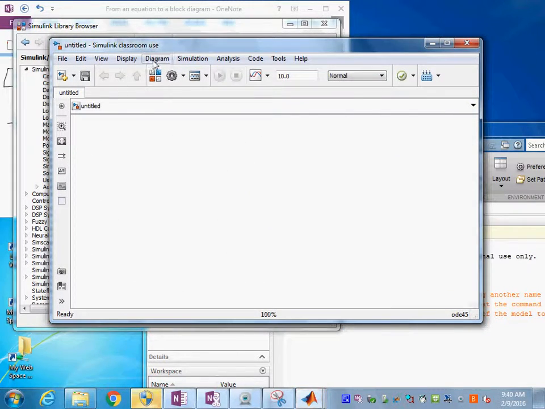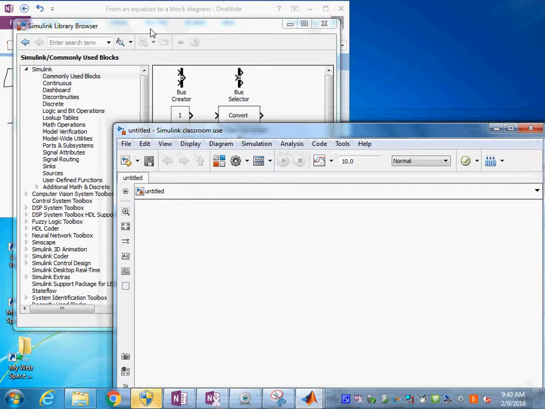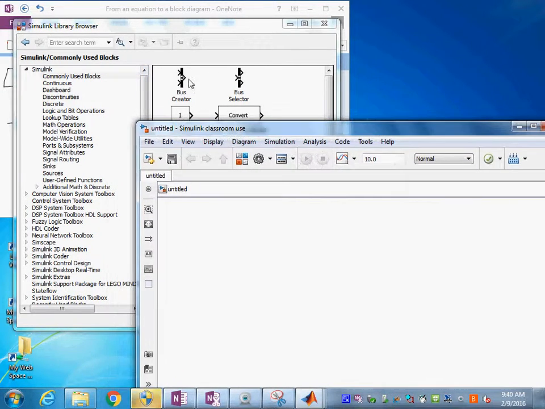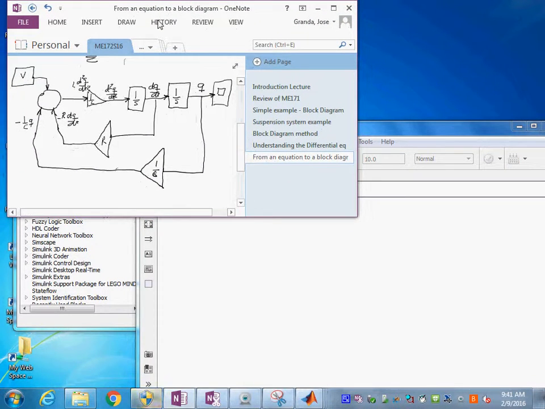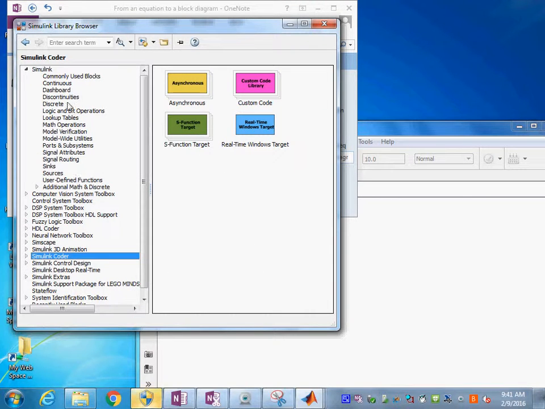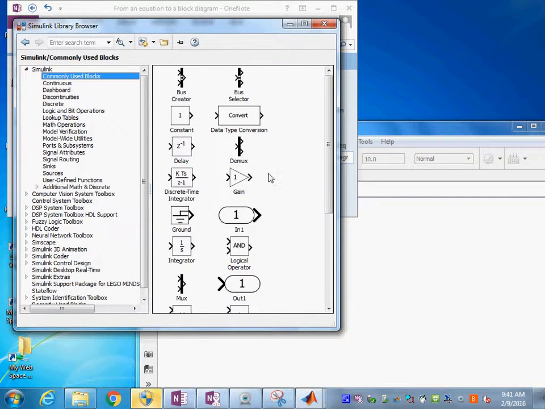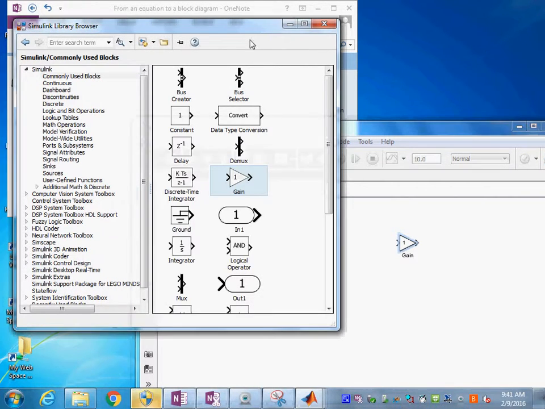model here. And then we have a summation point, which I haven't seen yet. The scope we do need, and the summation point is right over here. I think that's about it. So let me put this. I like to have this on the picture on the background in there. So as you can see, we could build it from this block diagram.